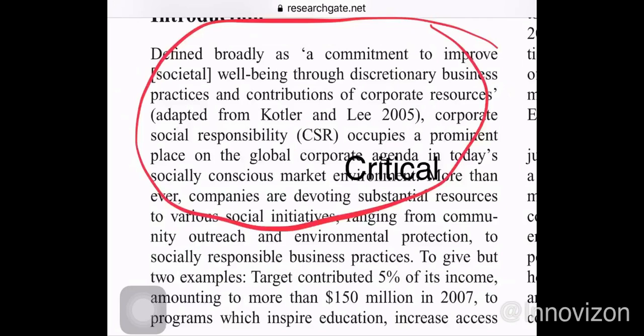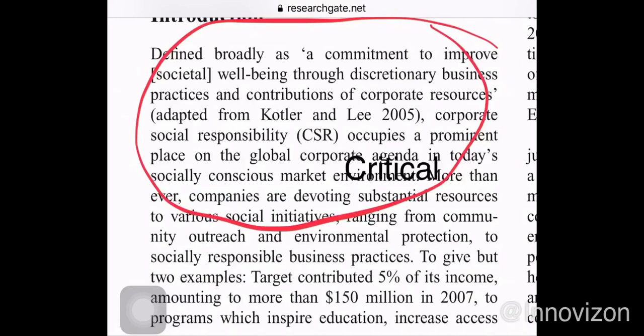For example, in this article that we got, the author started with the definition of social responsibility, I think. But look at the way they started the paragraph.